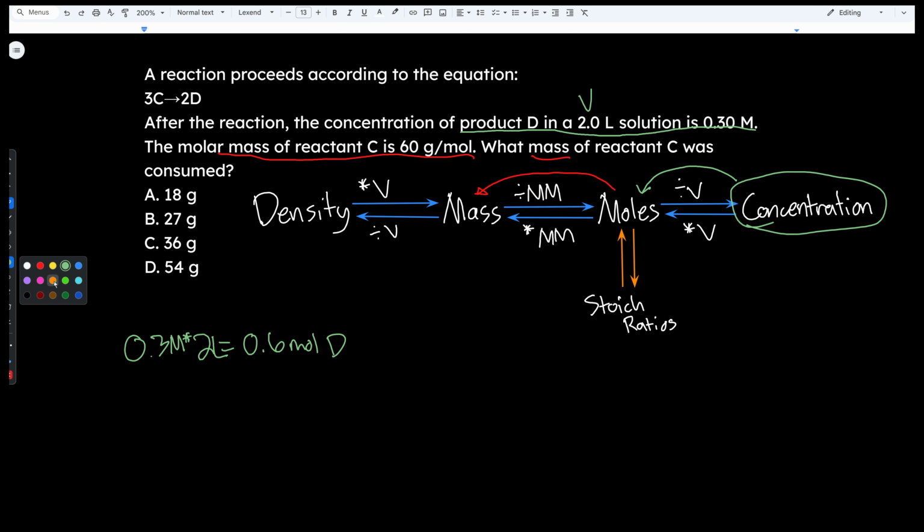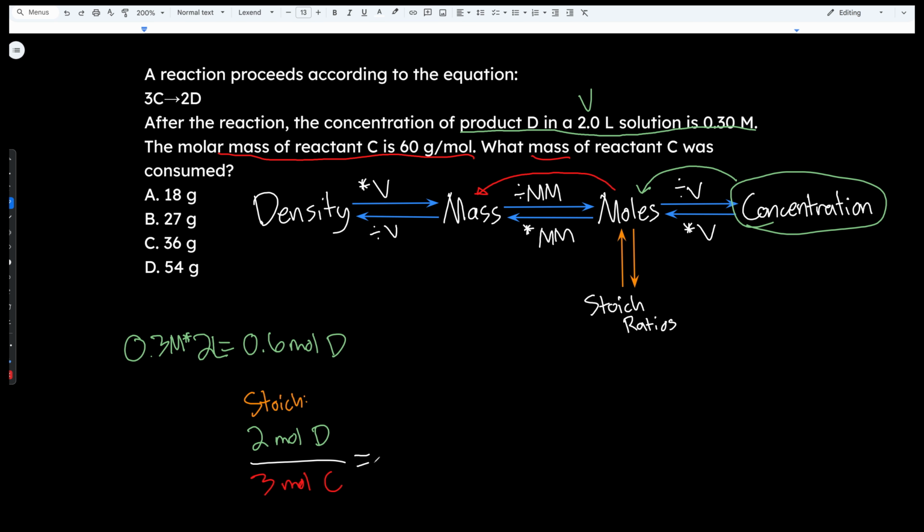So now we need to run it through our stoichiometry. In the reaction, we typically have 2 moles of D reacting with 3 moles of C.